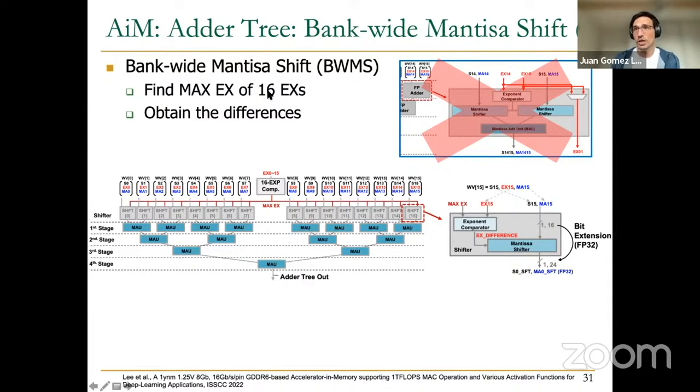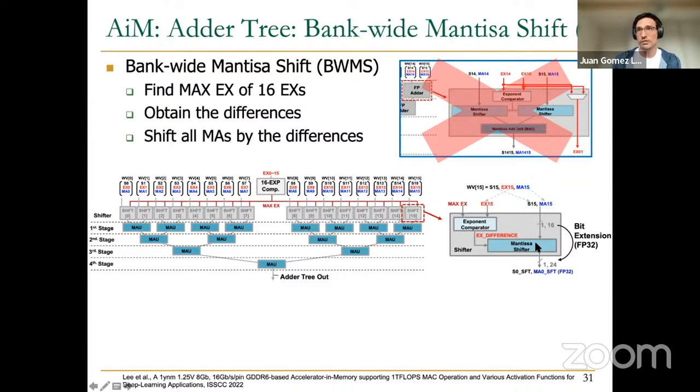And then in each of these shift lanes that you can see on the slide, they obtain the difference between the maximum exponent and the own exponent of the multiplication output that is the input to this shifter.